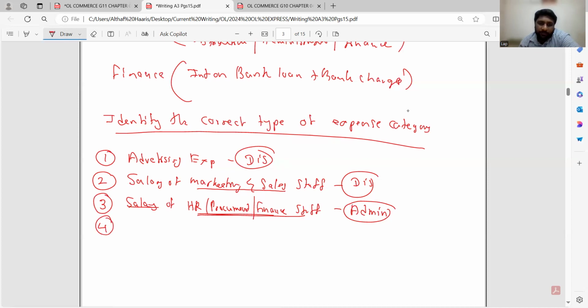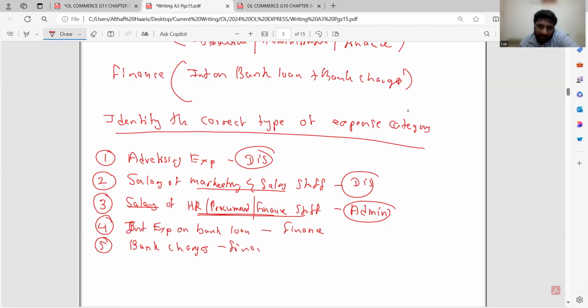Fourth one. Interest expense on bank loan. Interest expense on bank loan, finance. Fifth one. Bank charges. Finance.